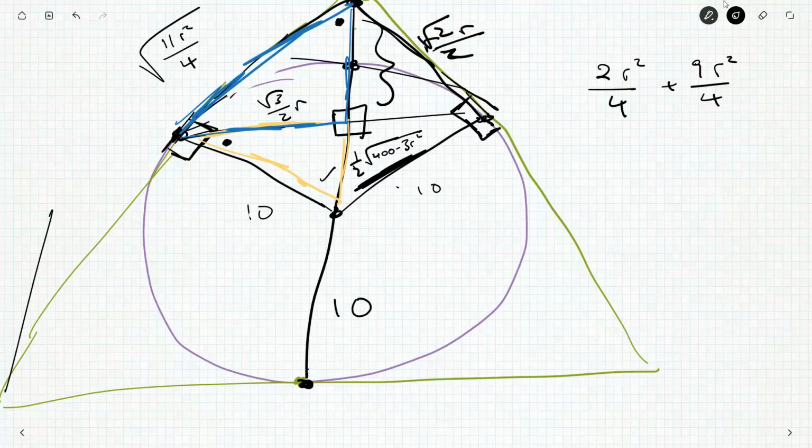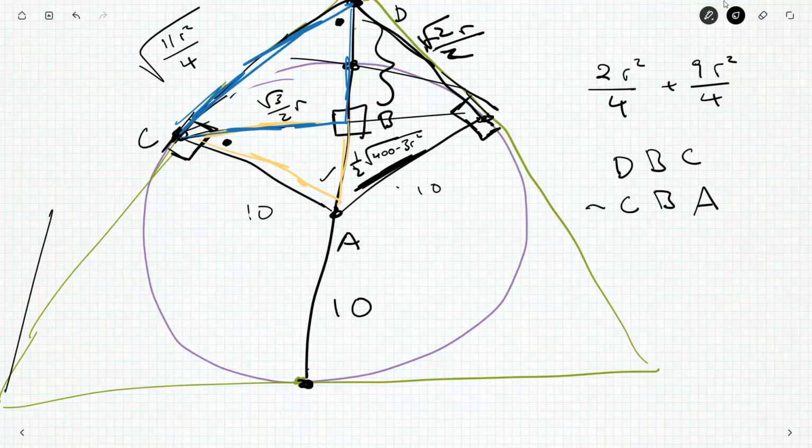as root 2r over 2 is to... Gosh, I think I need names. A, B, C, D. So we get D is the one with the dot. So D, B, C is to CBA.